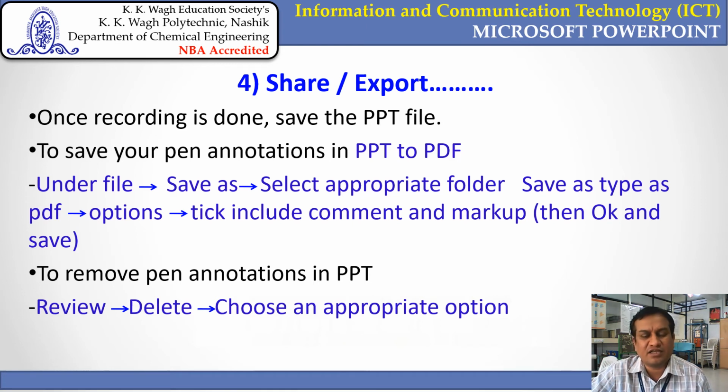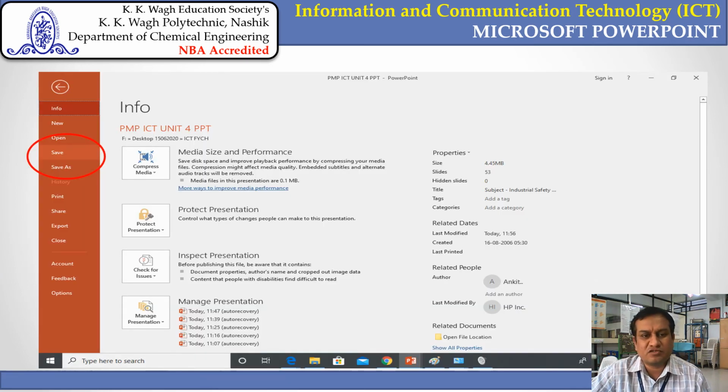And under that, again, one option is there. If you want to add annotation, or if you don't want to add annotation, if you want to remove that annotation from the PDF, then also you can go for that. So with the annotations or without annotation, you can convert this PPT into PDF, and then you can share that PDF with the students. So this is the option that is under the file save.